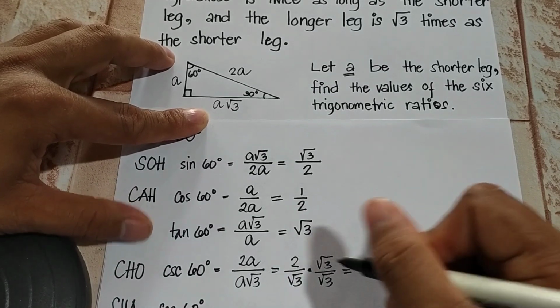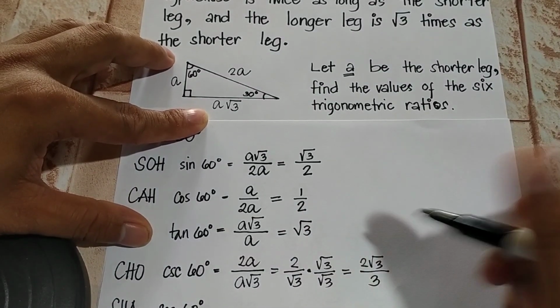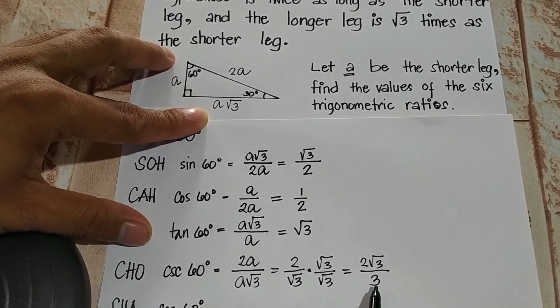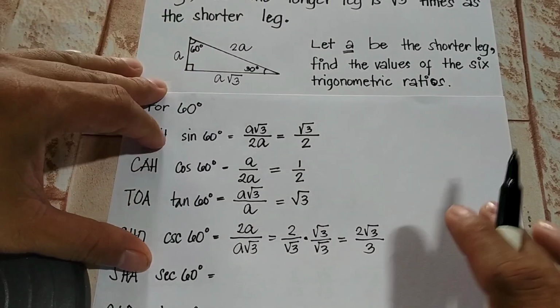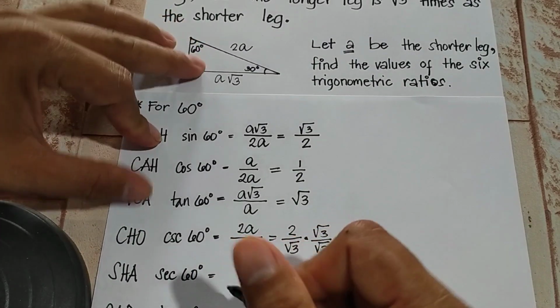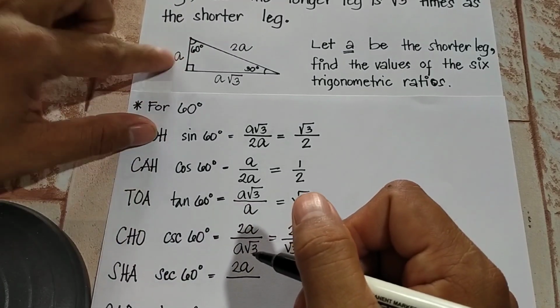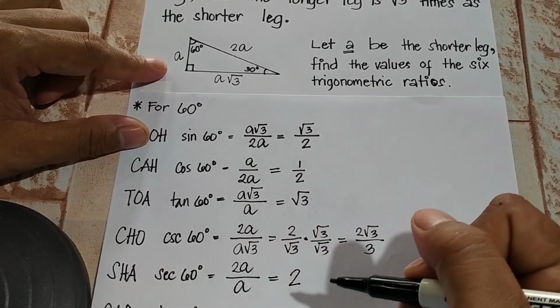So the answer is 2 square root of 3 over 3. 3 times 3 is 9, square root of 9 is 3. Next, secant. Secant is hypotenuse, 2A, over the adjacent, that's A. So the answer is only 2.